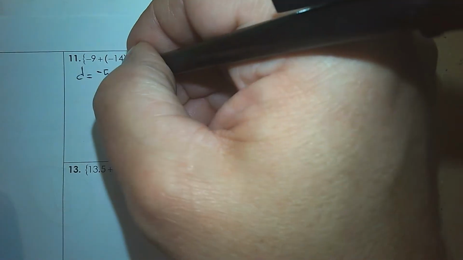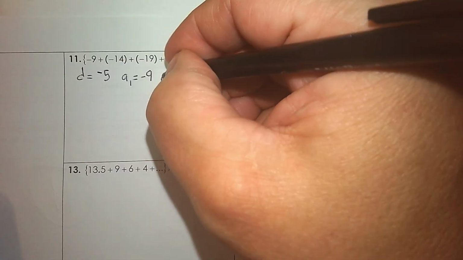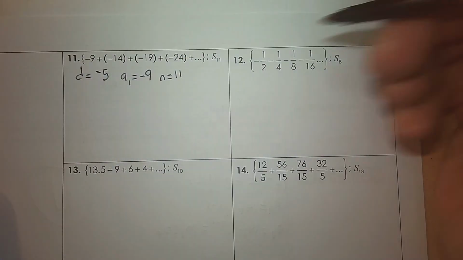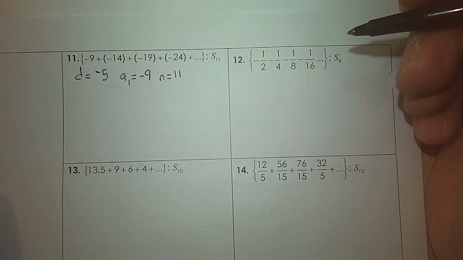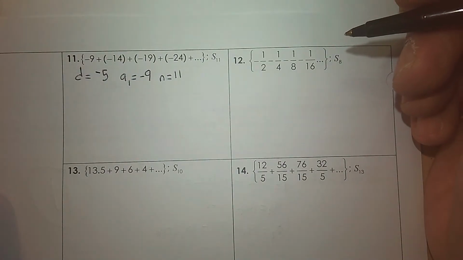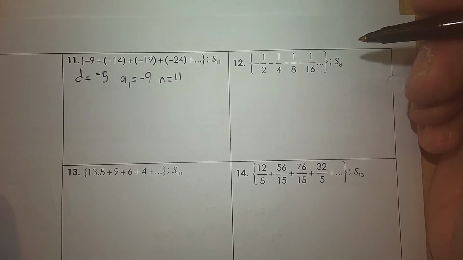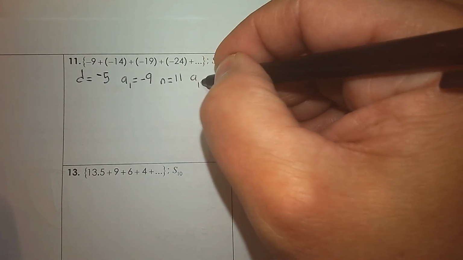What is? The first term is negative 9. Is that what you said? Cool. What else do you need to know? So how many terms are there? And what else do I need to know? Yes. And the last term in this case would be the 11th term, right?